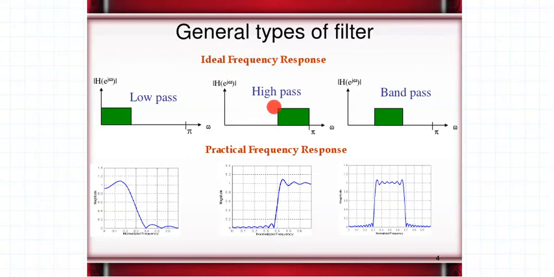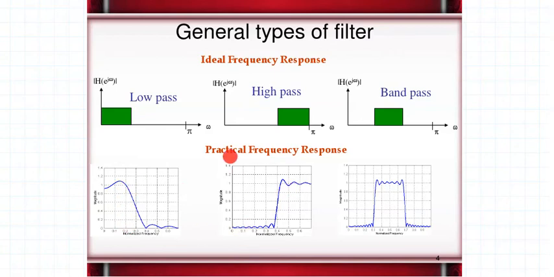But in practical designs, we don't get such ideal characteristics. So how is the practical frequency response? It shows certain ripples in the pass band, and even in the stop band. In all three cases of practical frequency response, you observe ripples in the pass band and the stop band, and you don't observe a sharp cutoff.